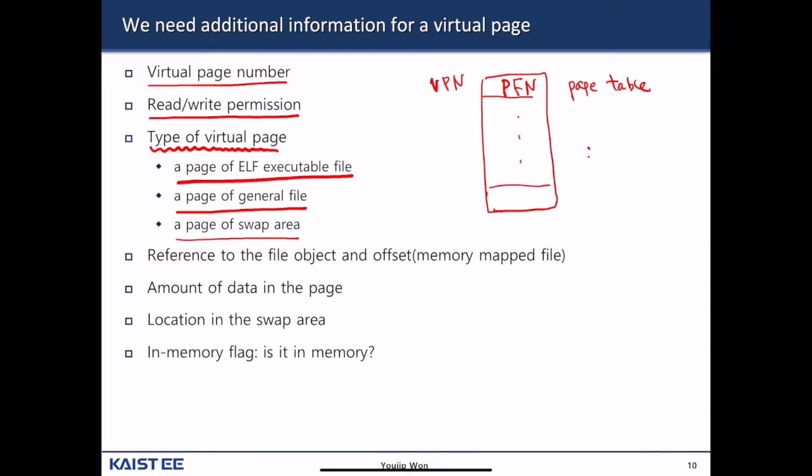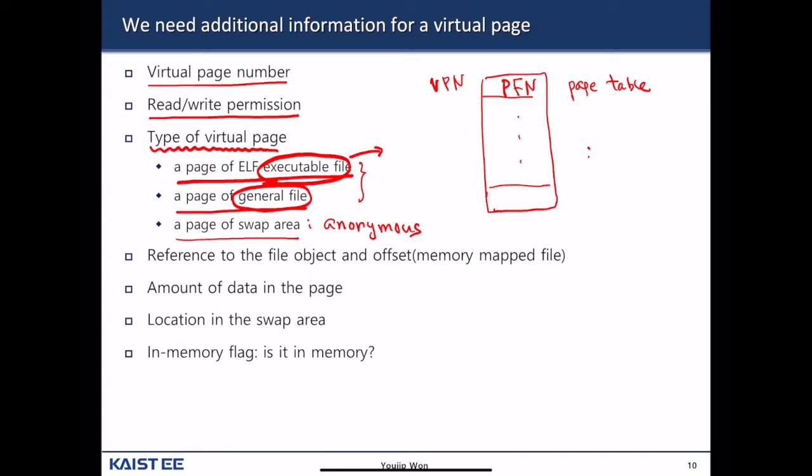If a page is from the swap area, then it is an anonymous page, which does not have a matching file. The reason we differentiate a page from the executable file and one from a general data file is that when you execute the executable file, you make it unwritable, unmodifiable.